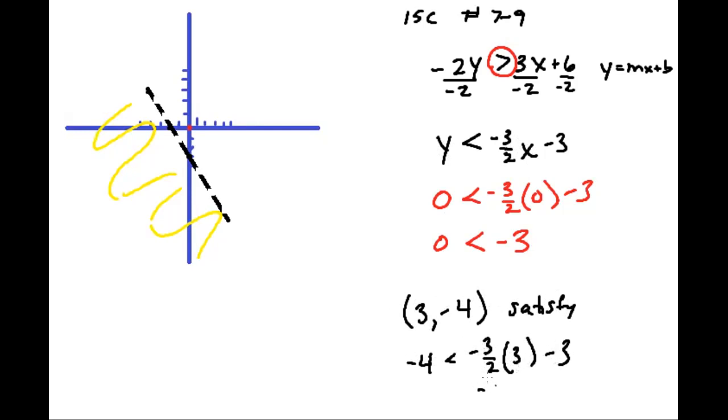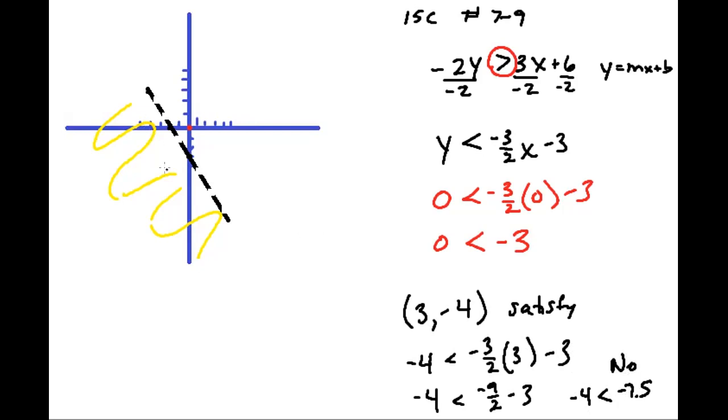This is going to be -9/2 minus 3. -9/2 is like a -4.5. -4.5 minus 3 is going to be a -7.5. Is -4 less than -7.5? No. So that one does not satisfy the equation.